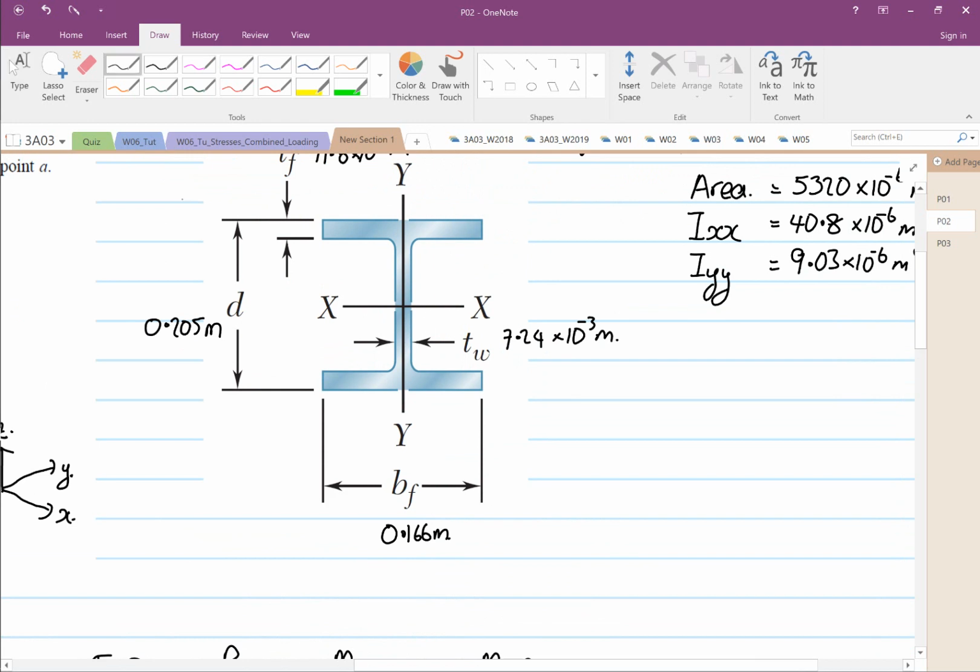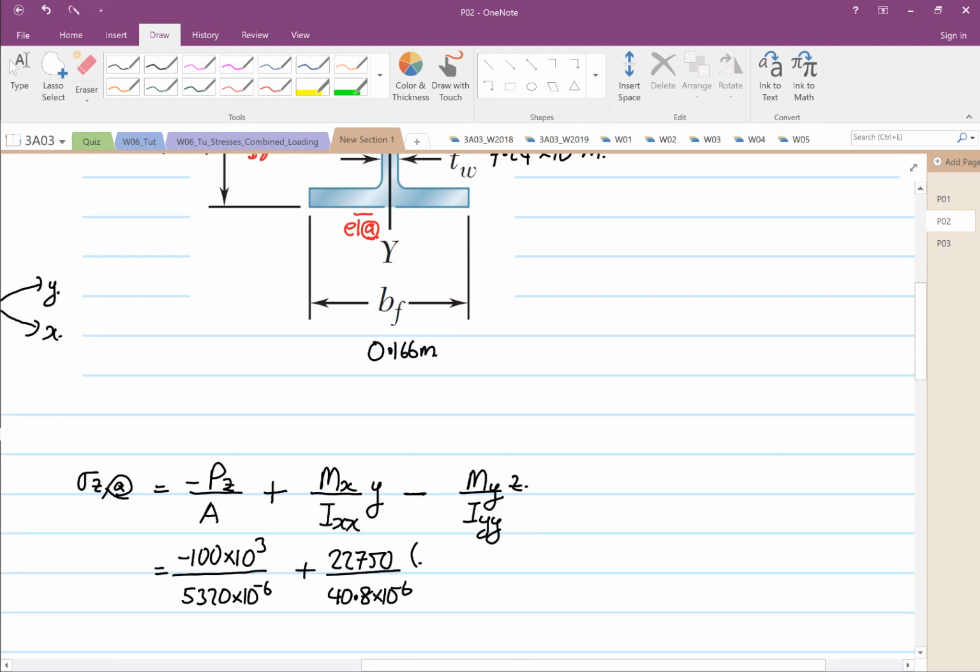This is where your element A is, and the y direction is this direction. From the neutral axis, it's 0.205 divided by 2.